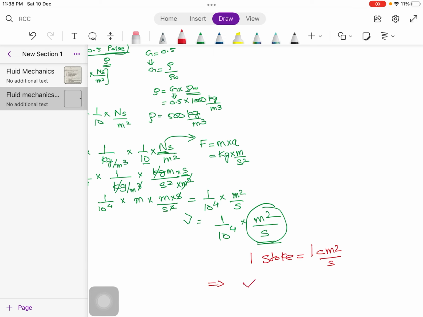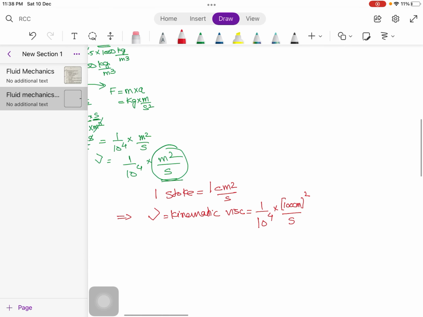Therefore, nu, which is kinematic viscosity, equals 1 over 10 to the power 4 times, a meter is 100 times a centimeter, squared upon a second.